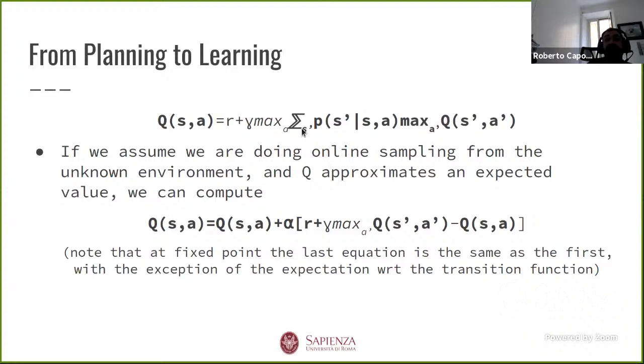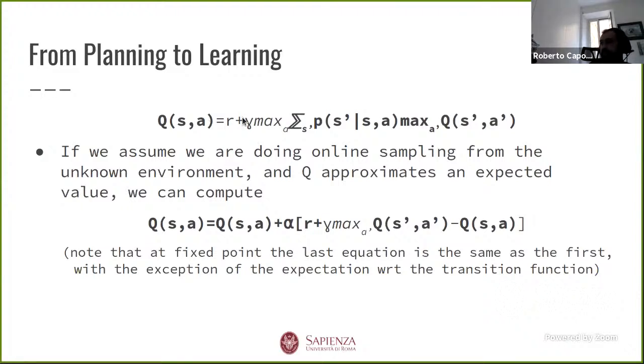But it's an expectation. So if you're doing sampling, then you can just do your sampling and update your Q function in an iterative way, and this equation still holds in expectation.